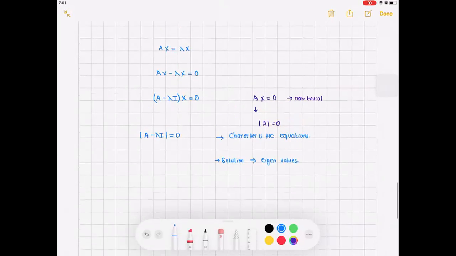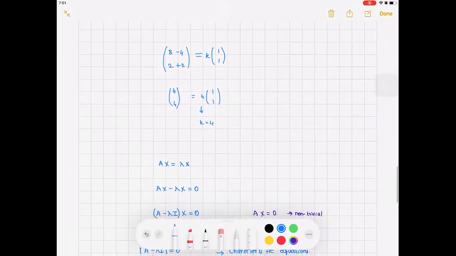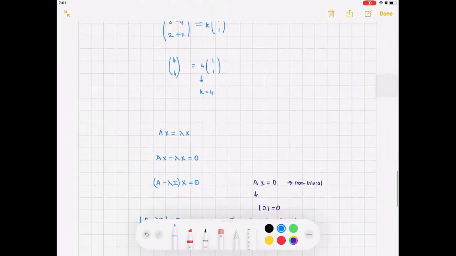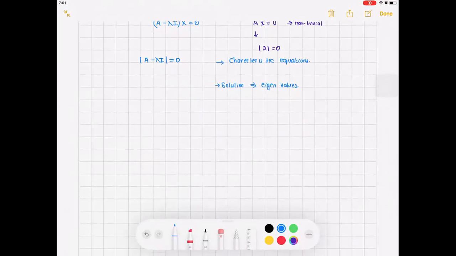Good, let's go and solve an example problem. This is the matrix 8, minus 4, 2, 2. This is A matrix minus lambda into the identity matrix 1 0 0 1.